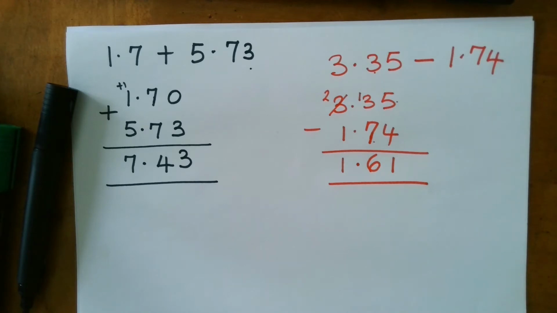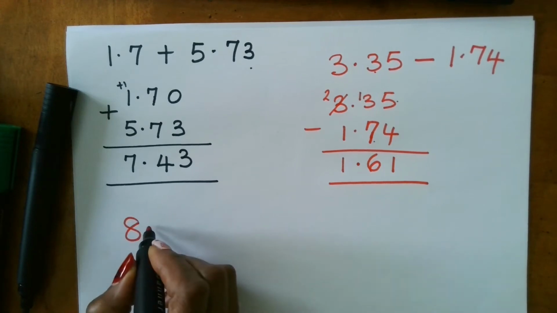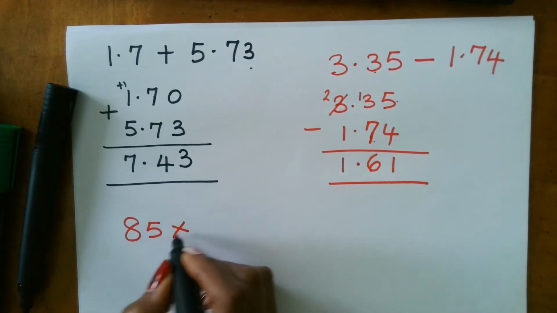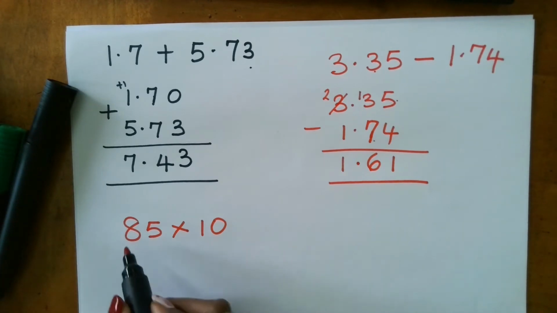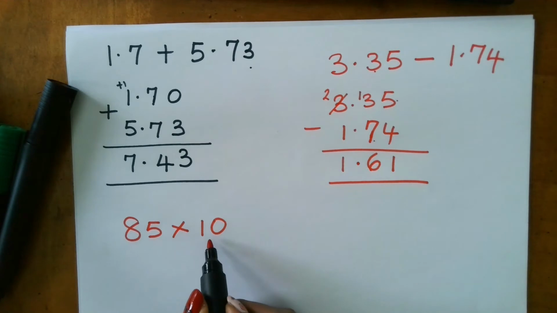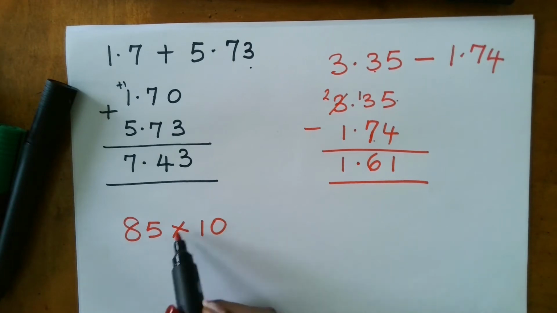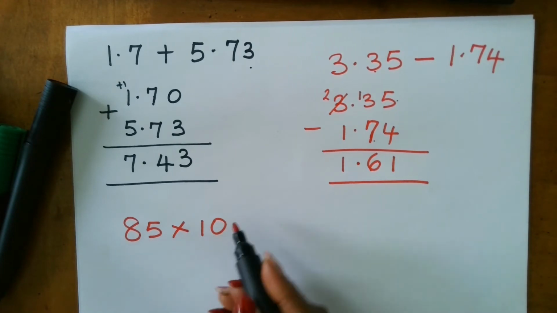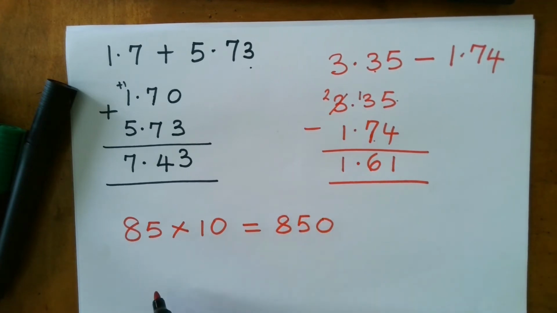Right, next we're going to multiply and divide by powers of 10. So if I have 85 multiplied by 10, to multiply these two numbers without a calculator, because I've got a multiple of 10, I simply add 0 at the end.